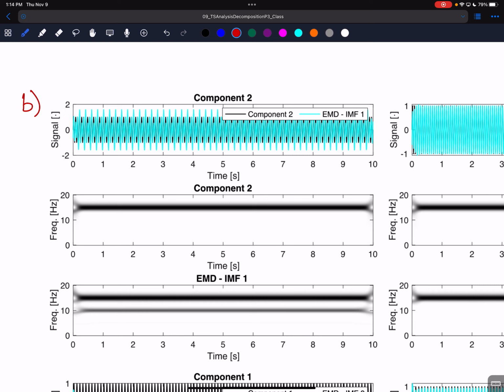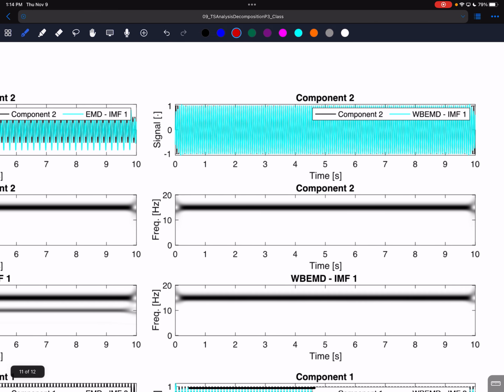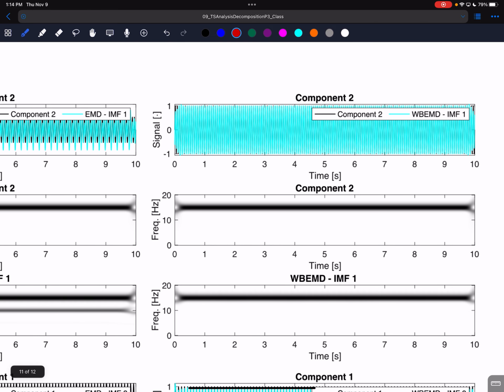We have 2 components showing up, despite the goal of EMD to extract a component that has only 1 frequency in it. The other thing I'll say is that the components are not intermittent, so this is a mode mixing caused by that frequency ratio.